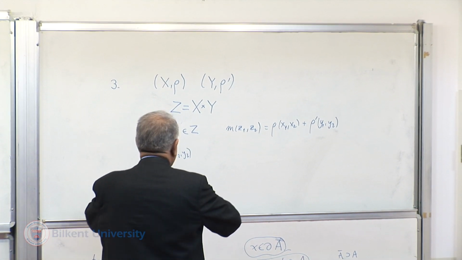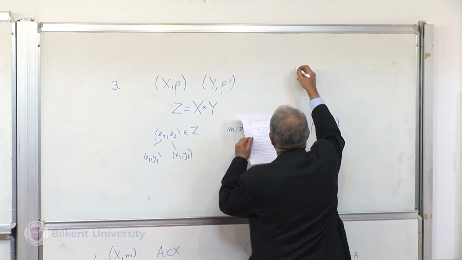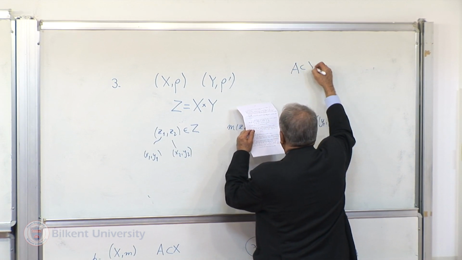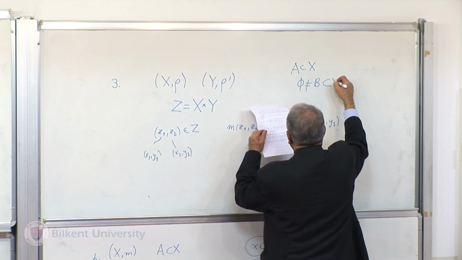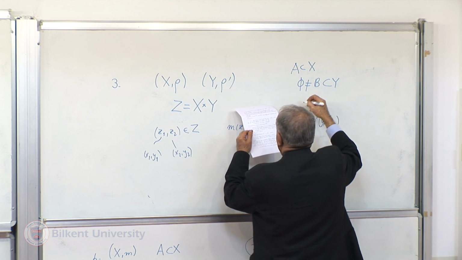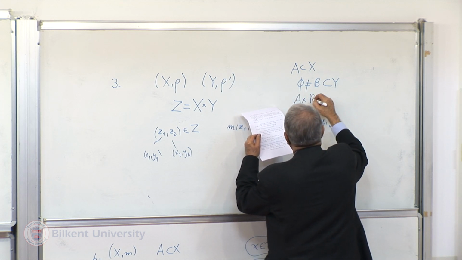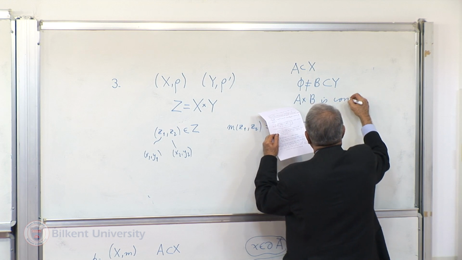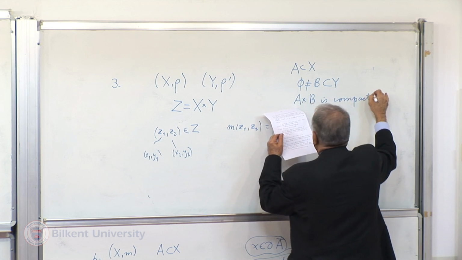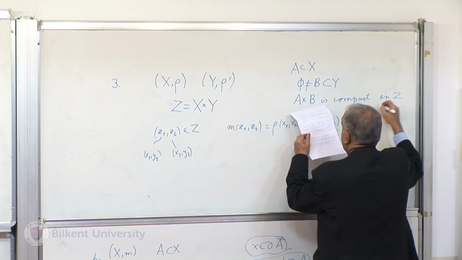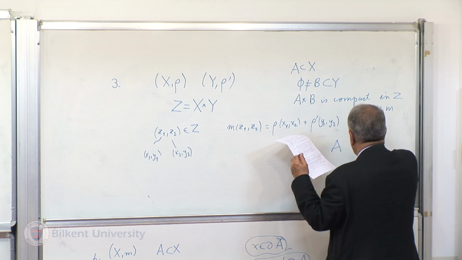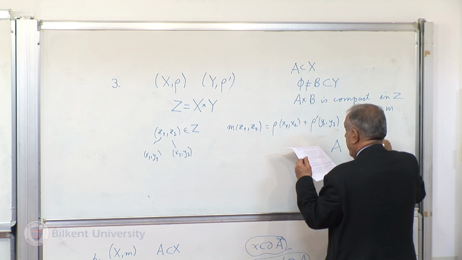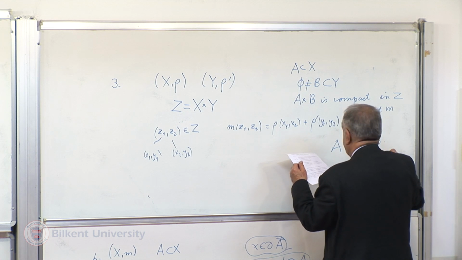Now it says A is in X, B is non-empty in Y, A cross B is compact in Z with respect to M. Show A is compact with respect to rho.